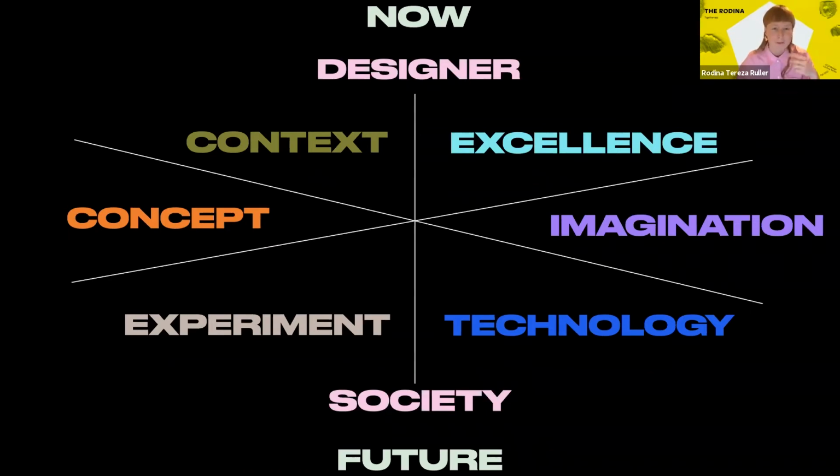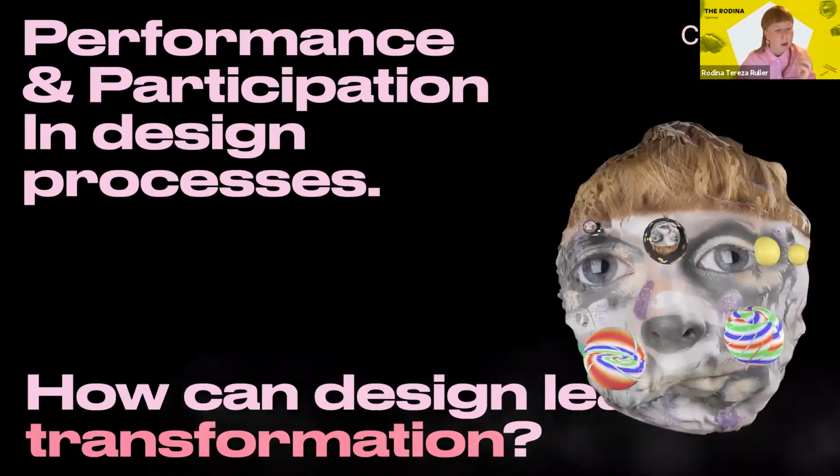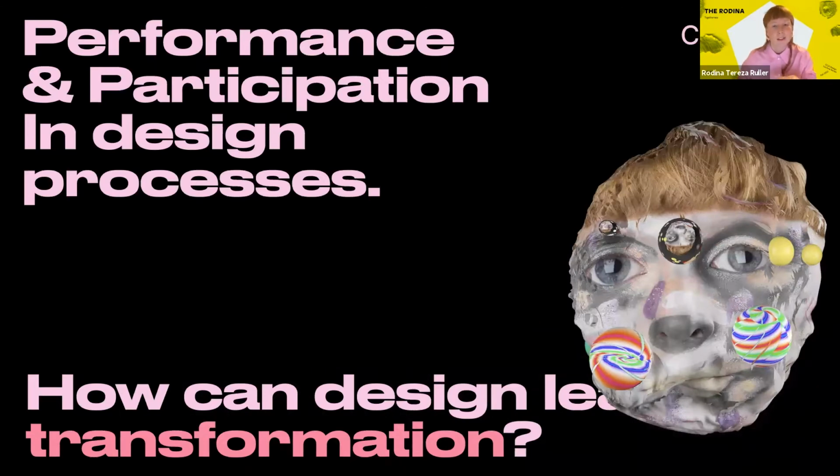Let's dive into these 3 chapters that I have for you. So let's talk about how design can lead towards transformation of self, but of course, potentially also to social change. How do we invite an alienated audience to share and experience situations as an active part of our design?